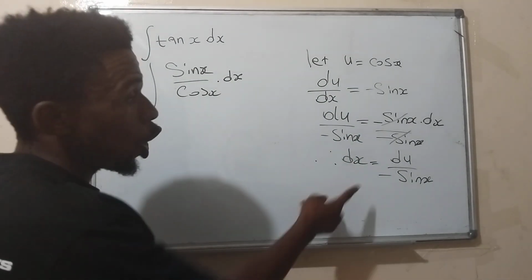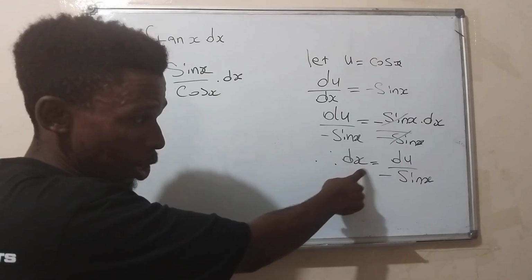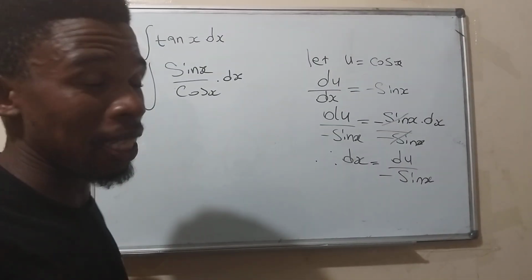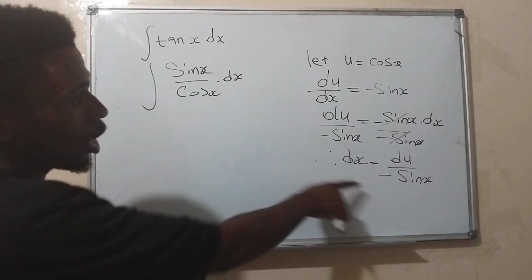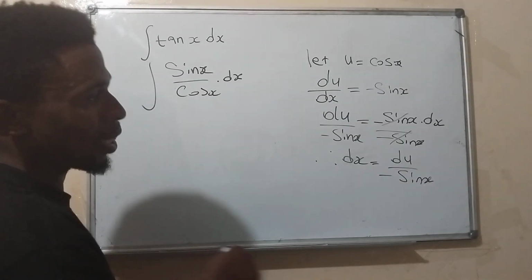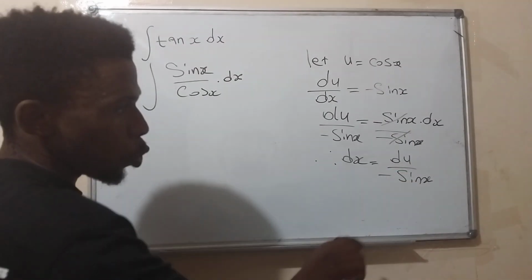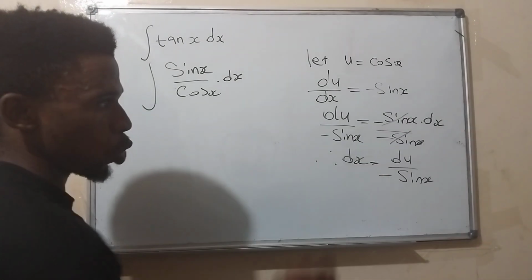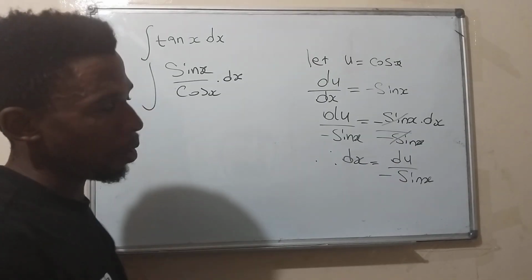Then replace your dx with du over negative sin x.